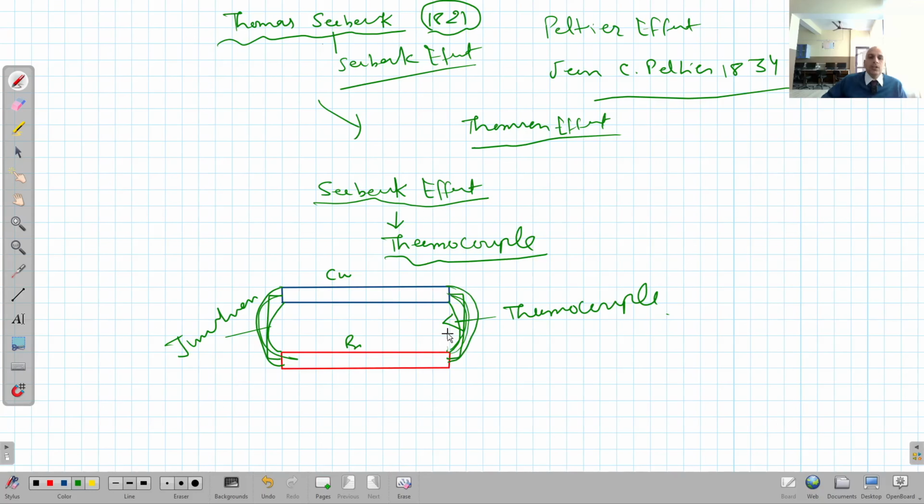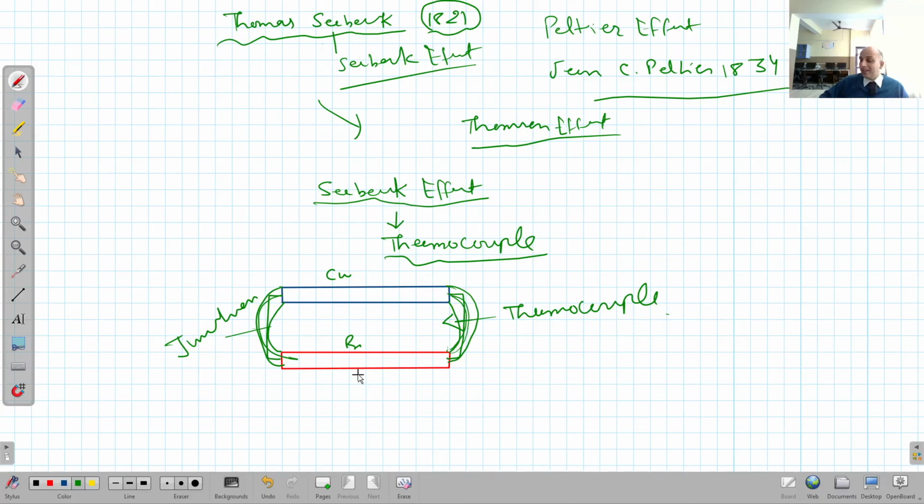So these two ends where the two metals are joined are called junctions. We can have different junctions due to the combination of different metals. Now when I have joined copper with bismuth, there is a very important thing that is going to happen.